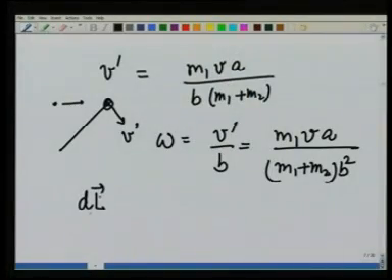So, the point I am trying to make through these examples is that applying the formula dL over dt equals tau, or its consequence that tau equals 0 means L is a constant, is equivalent to applying Newton's second law.